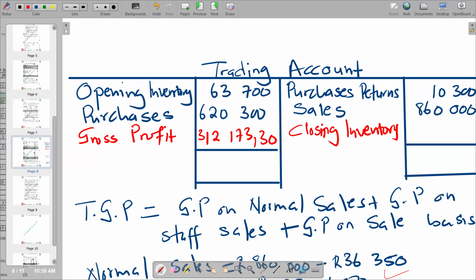So from there, we can now balance our account so that we find our closing inventory. So we find our closing inventory as a balancing figure. So if we try to add what we have on the debit side, as we are seeing, the debit side will obviously become the greater total.